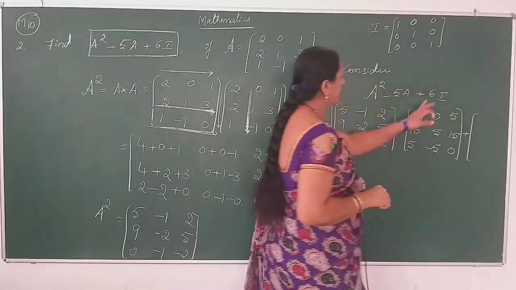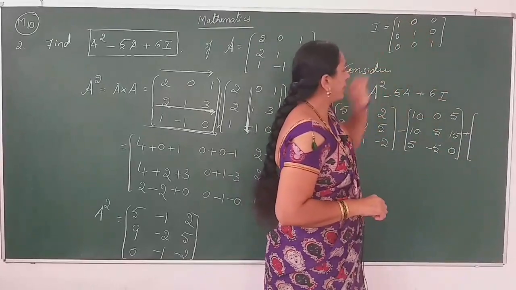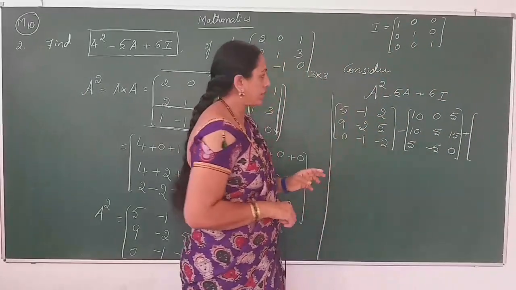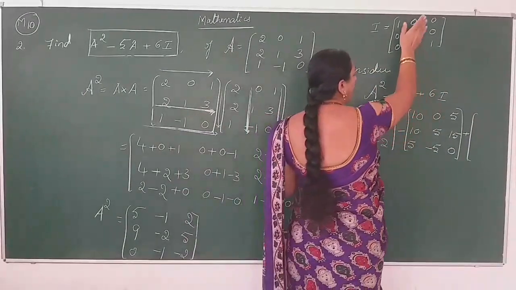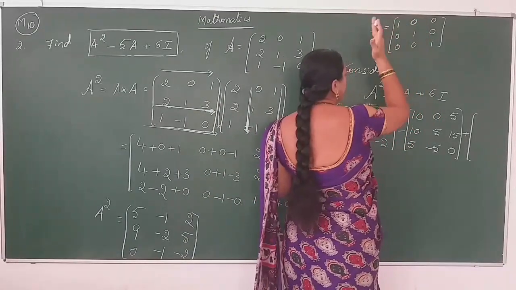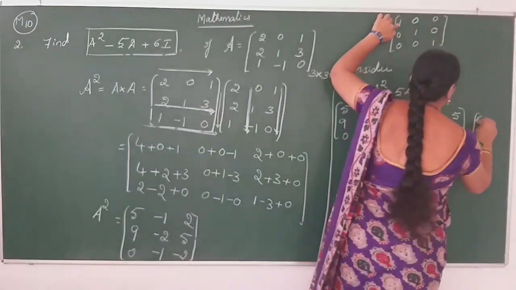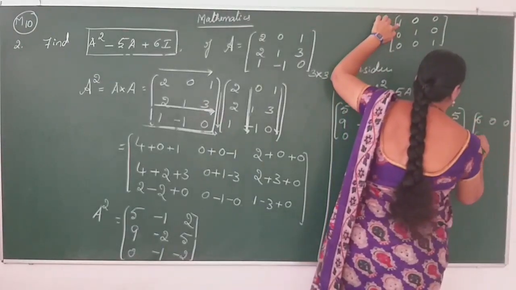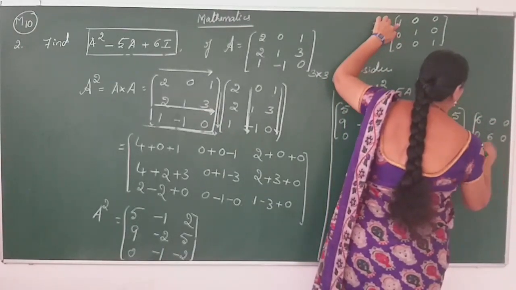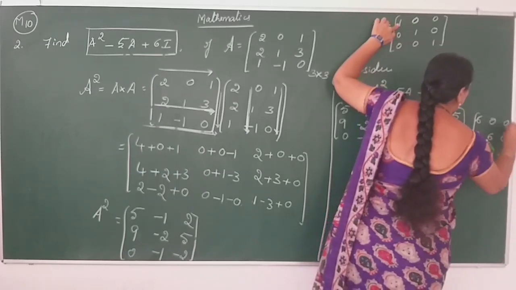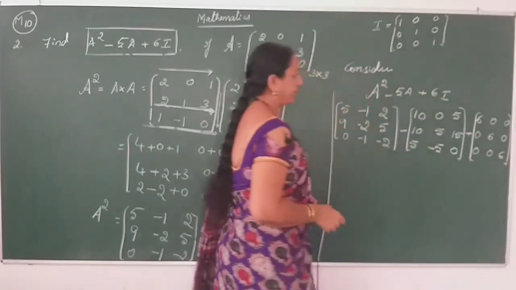Plus 6I. I is an identity matrix of order 3 cross 3. 6I means all the elements of the identity matrix are multiplied by 6. That is 6, 0, 0, 0, 6, 0, 0, 0, 6.